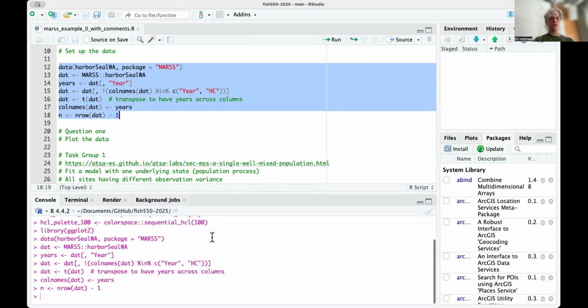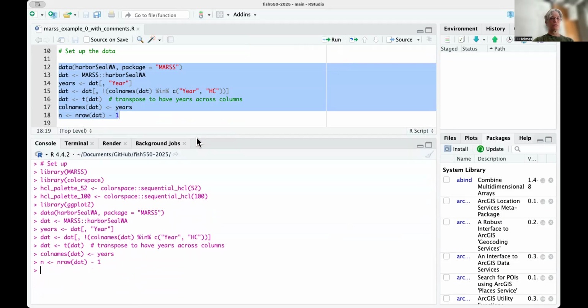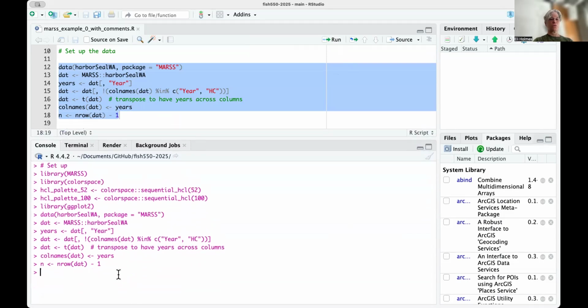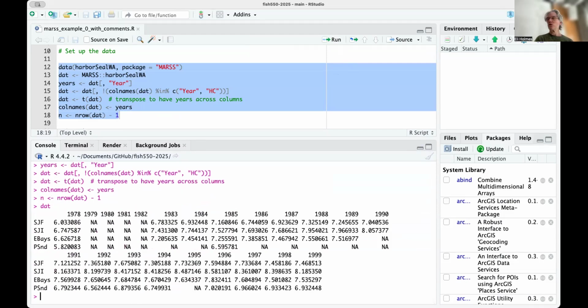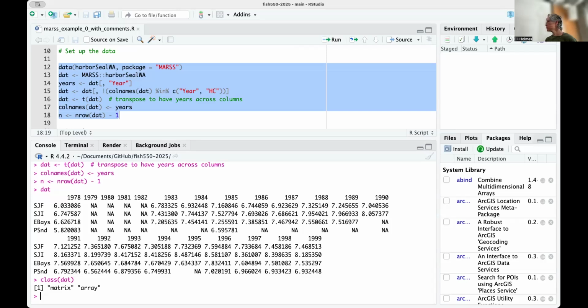Let's go ahead and run that and take a look at what that data looks like. Okay, there we go. You can see that it is a matrix. That might not be obvious, but I can say class of dat, and you'll see it is a matrix.